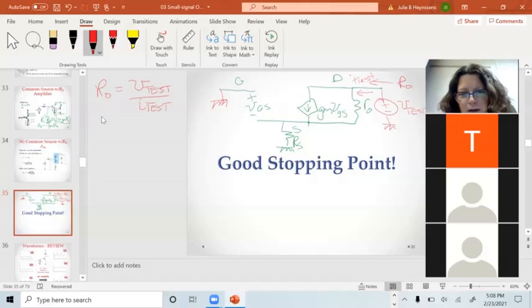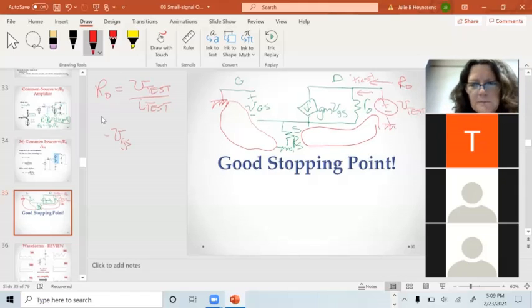Okay, so VGS here, if I do KVL around this loop right here, I get negative VGS equals, I don't know how to get there. I test. Let me look at this for a minute. I can do this loop on the input. I think that will be more helpful.